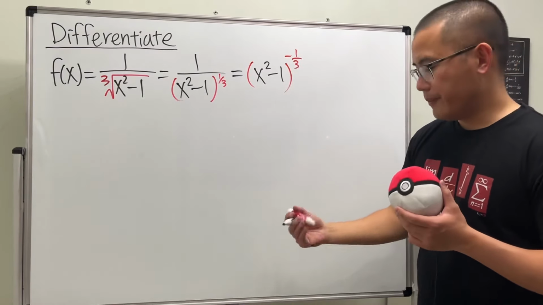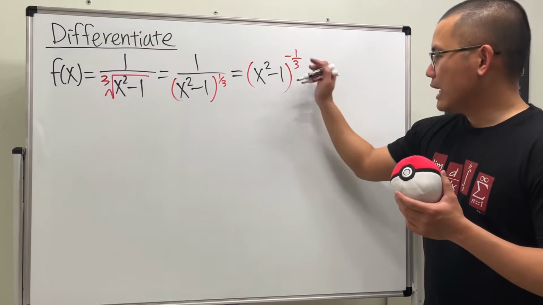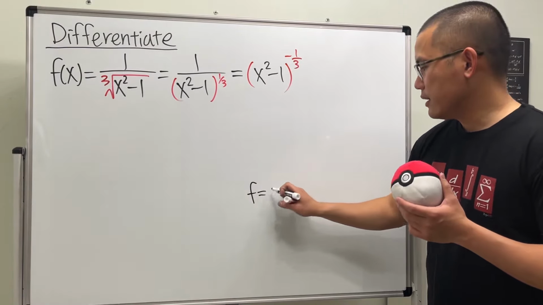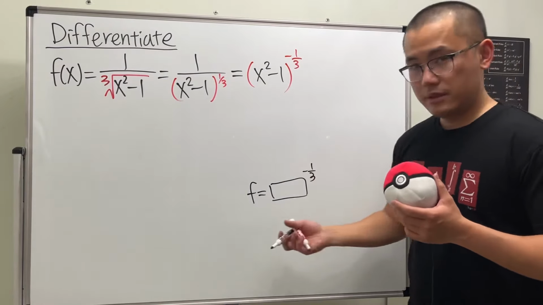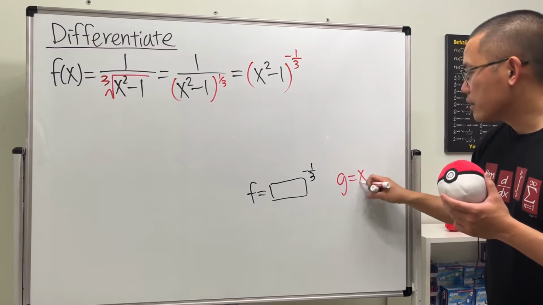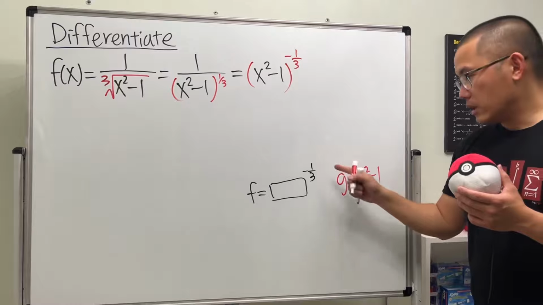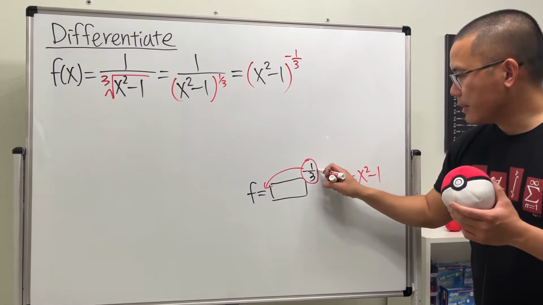So that's the idea. Okay, so let me just do the work right here for you guys. So the outside function, I will just write it down like this. So we have a box raised to the negative 1/3. And then the inside is this, which is just x squared minus 1. Differentiating this, we can just use the power rule, bring the power to the front, minus 1.